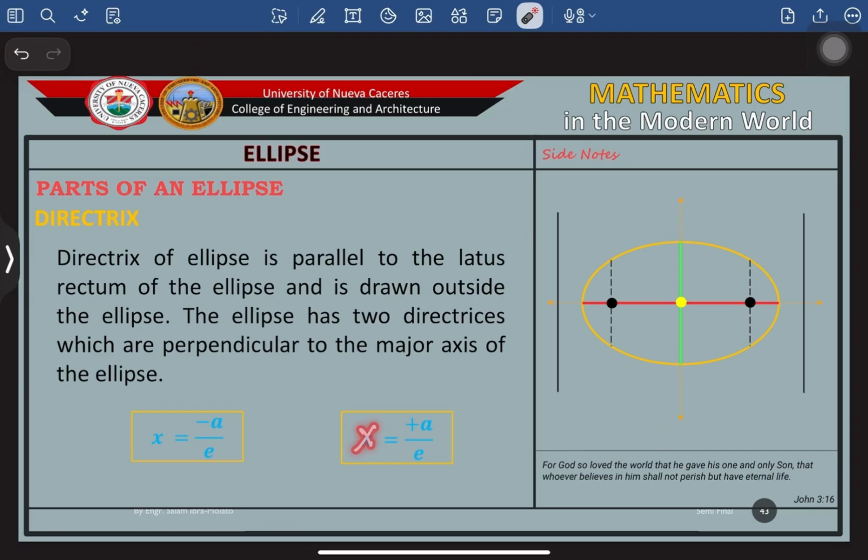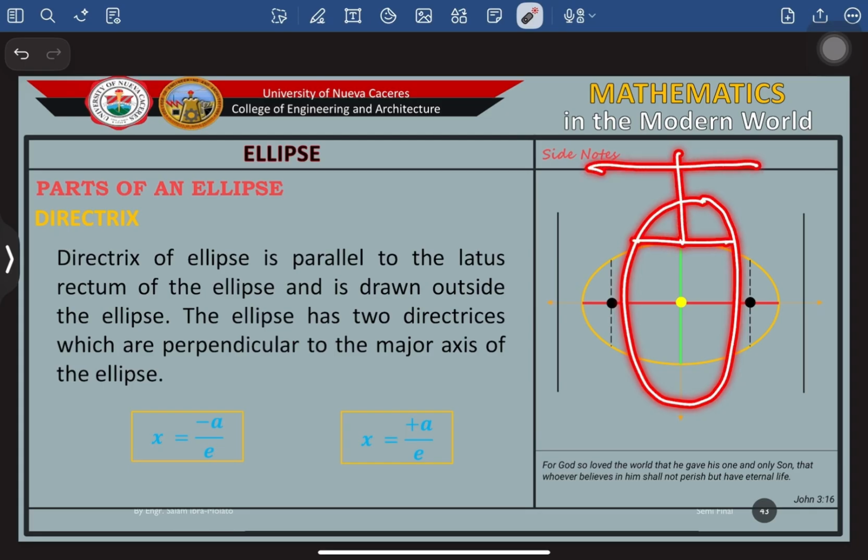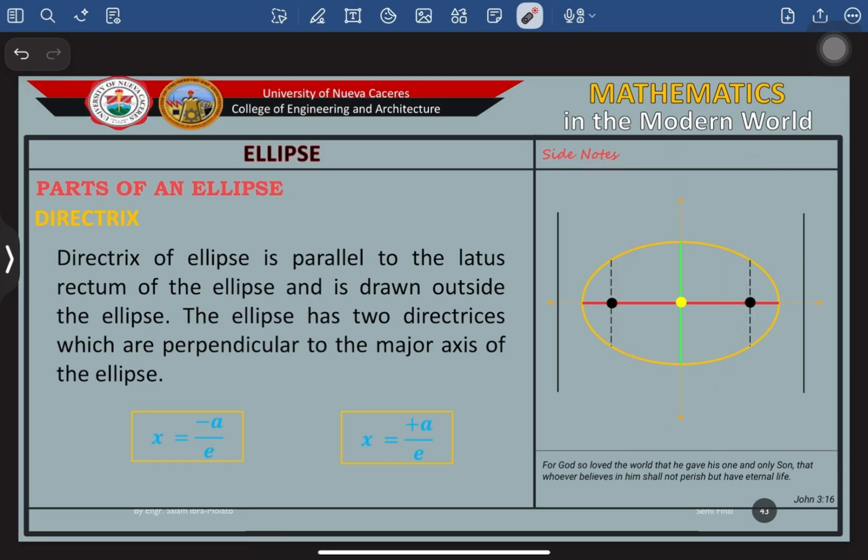Then for the other directrix, the equation is x is equal to positive a over e, or the eccentricity. But in case the major axis is parallel to the y-axis, therefore the directrix is along the y-axis. You just need to change the x to y.